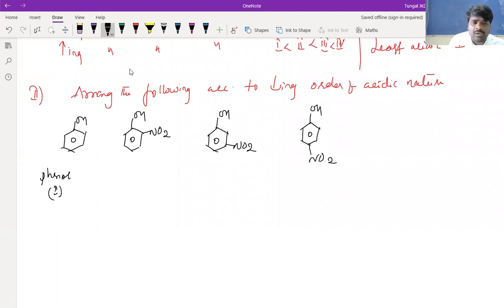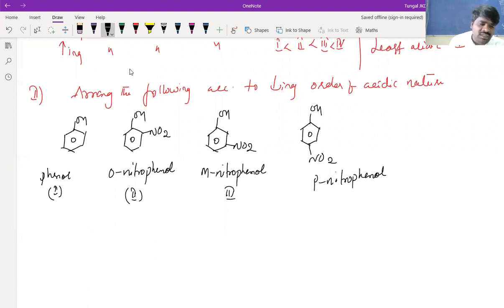This is orthonitrophenol, let us assume it is 2. This is metanitrophenol, let us assume this is 3. And this is paranitrophenol.